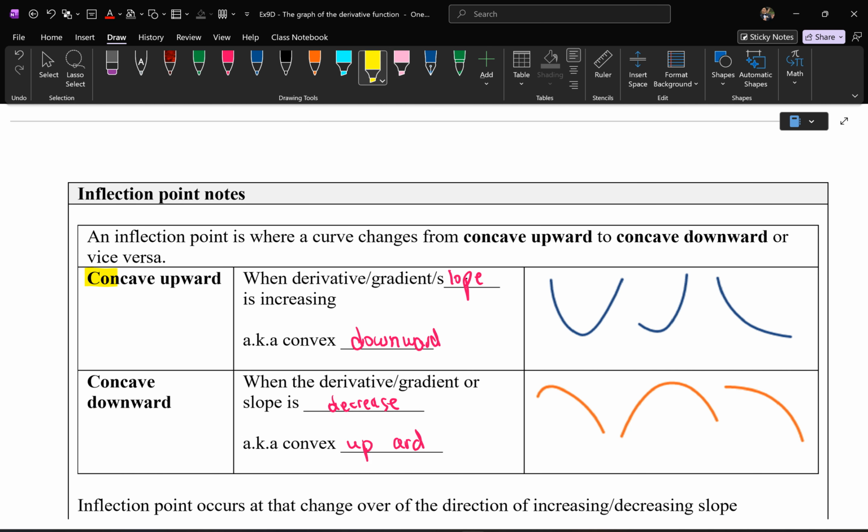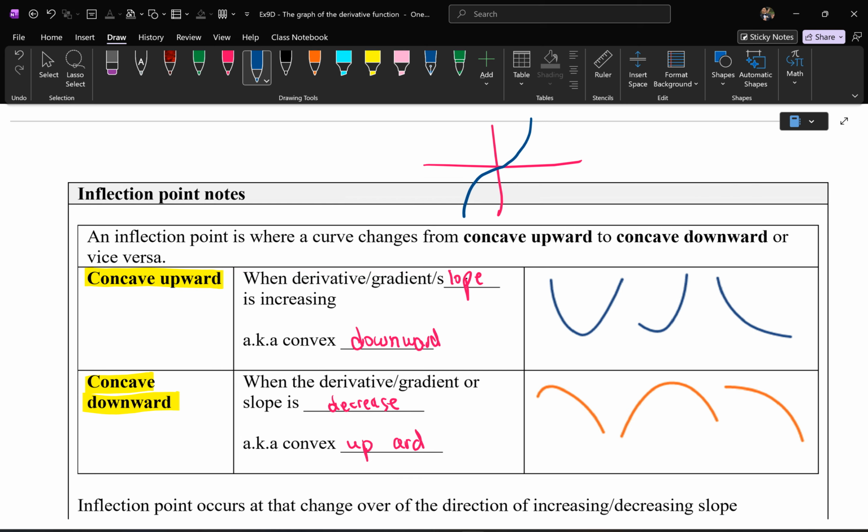There are two terms that you may or may not have heard before, which I think the mainstream students wouldn't have: concave upwards versus concave downwards. This is the definition for an inflection point. You traditionally know an inflection point looks something like this, here's your cubic graph.